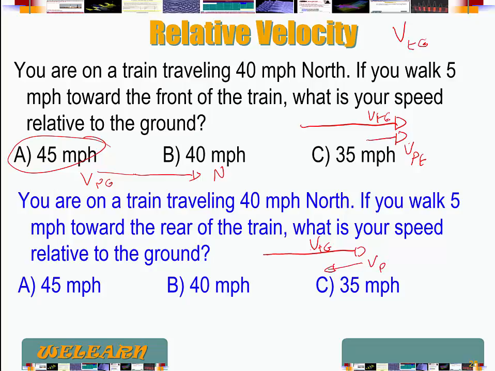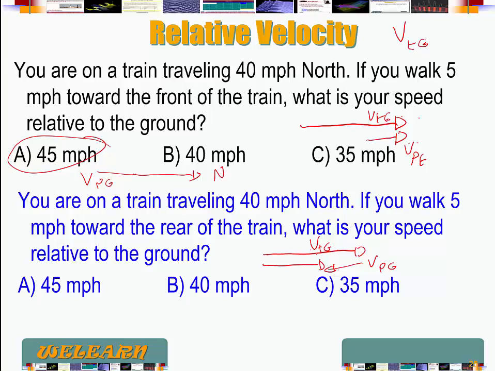Velocity of the person relative to the ground is south. So your overall velocity is going to be the sum of these two vectors again. In the first case, when we did the sum, we just added up the magnitudes, since they are in the same direction. But in this case, the sum has a magnitude actually of 35.